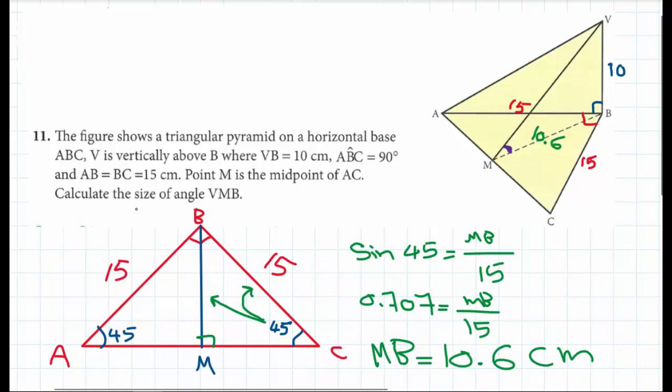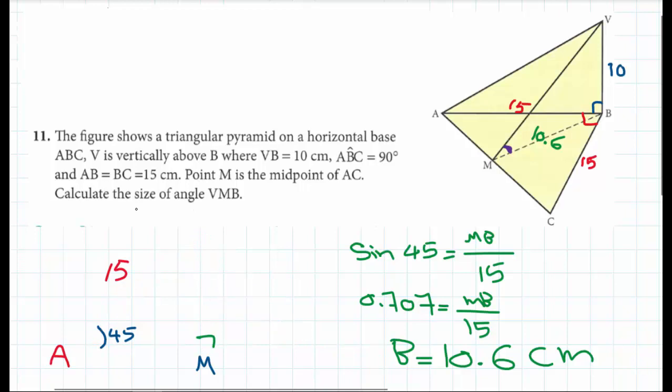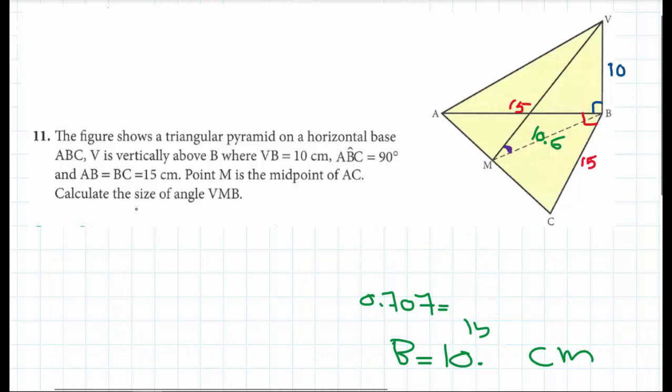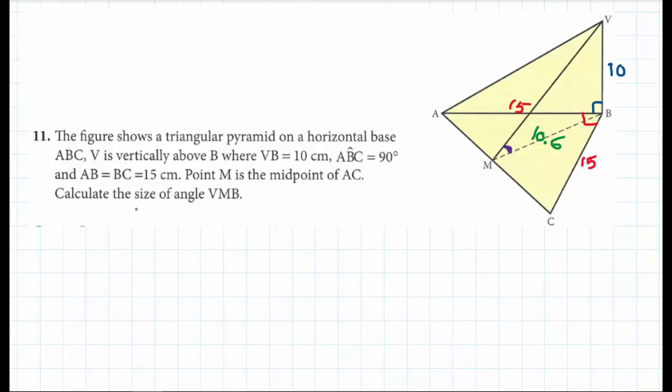Now let's go back to the original requirement of the question that says find angle VMB. To find angle VMB, look at the triangle that contains the missing angle. This triangle VMB that I highlighted contains the missing angle that the question wants, angle M. And to find any angle, do you know two sides of the triangle?